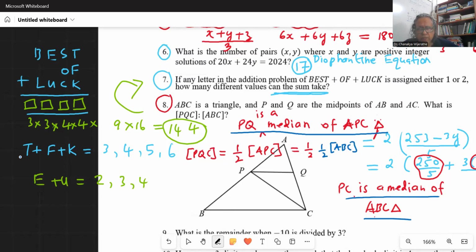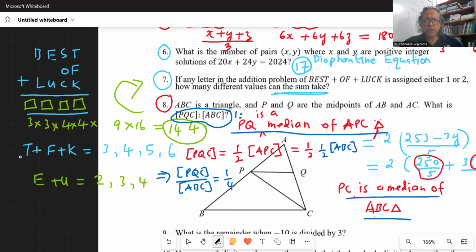So this means that the area of PQC divided by the area of ABC is actually 1/4, right? So the ratio is 1:4. Yeah, that's the answer, right?